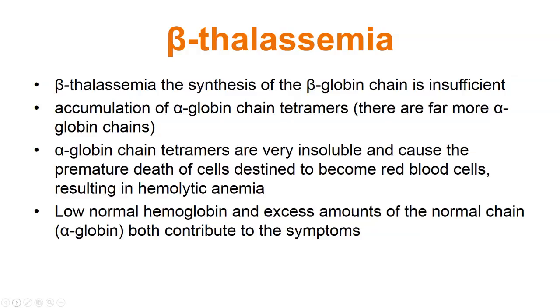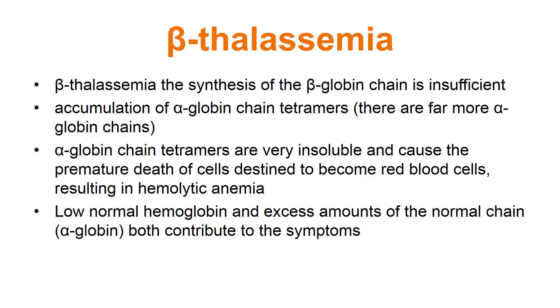First we're going to talk about the beta thalassemias. In the beta thalassemias, once again, the beta globin chain is not being synthesized in sufficient amounts, at least normal beta globin. This means that the alpha globin chain is in excess, and that excess accumulates as a tetramer.